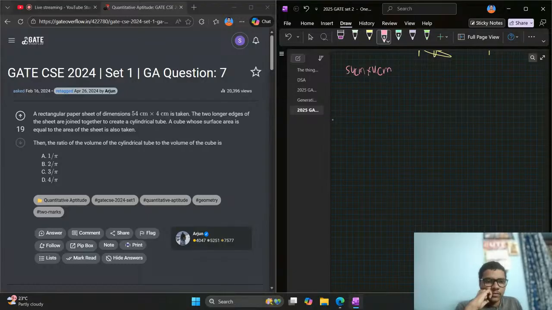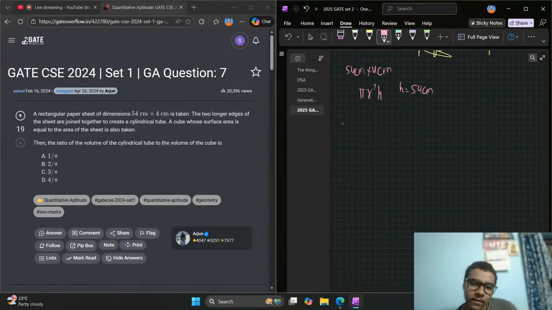Show the volume of the cylindrical tube. So, volume of cylindrical tube is pi r square h. It rolls around, so h is 54 centimeters.